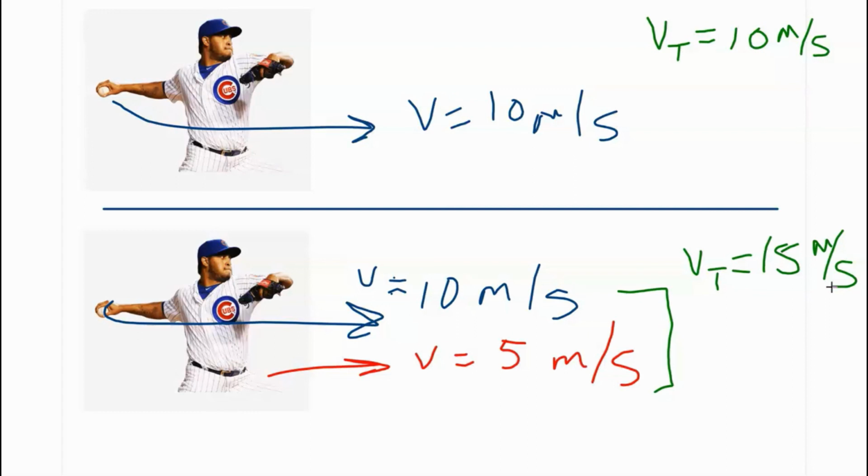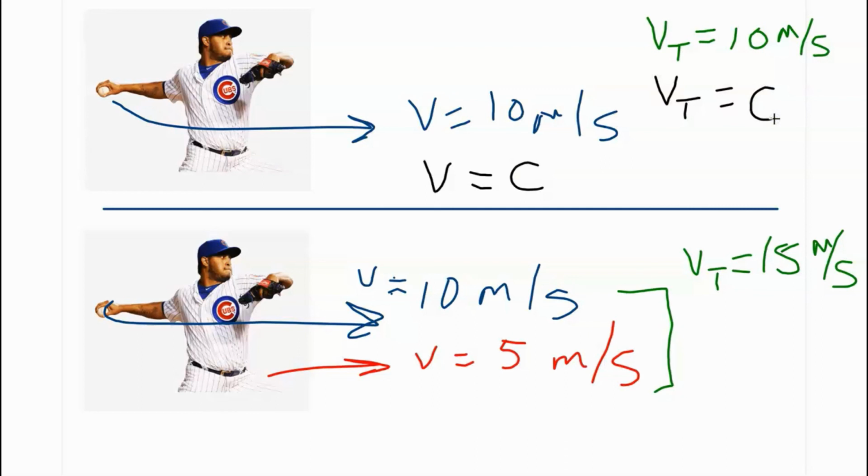If we come around to thinking of Einstein, let's say that the baseball is thrown at the speed of light. So velocity here is c, speed of light. The total velocity is the speed of light.